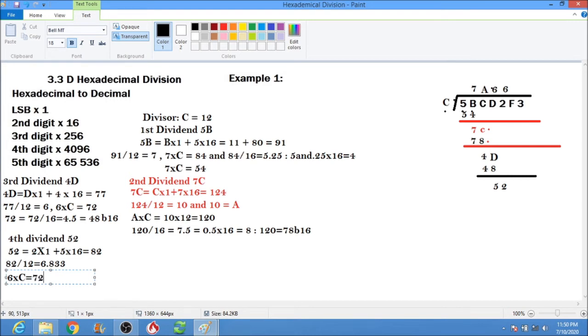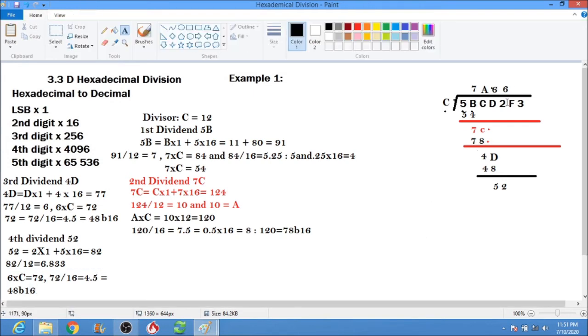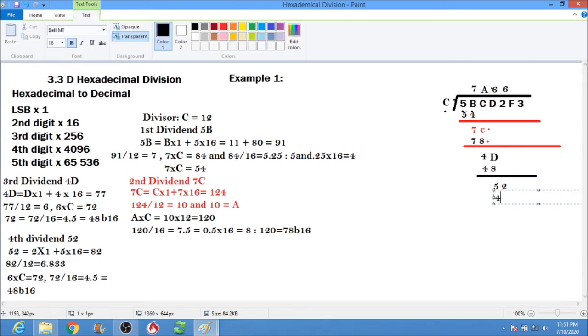Okay, so 72 converted, 72 divided by 16 will be 4.5, and that is equal to 48 base 16. So our answer, 6 times C, is also 48.